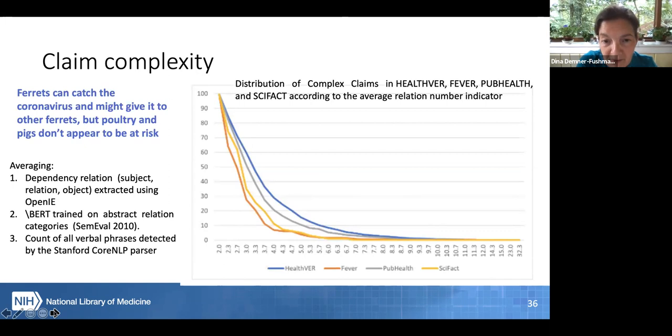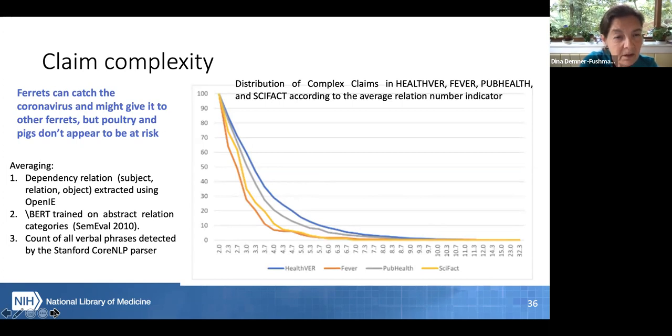Our claim about the claim complexity was true. We can see the other data sets that we were using in our evaluations. And we can see that these new data set claims are somewhat more complex. Here's an example that comes from the collection.